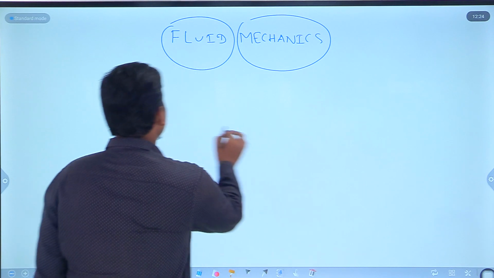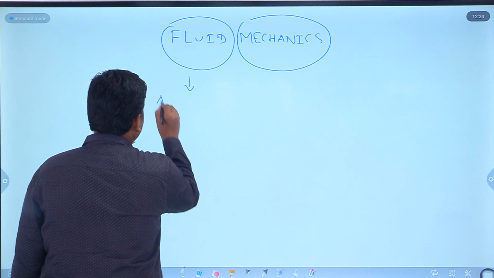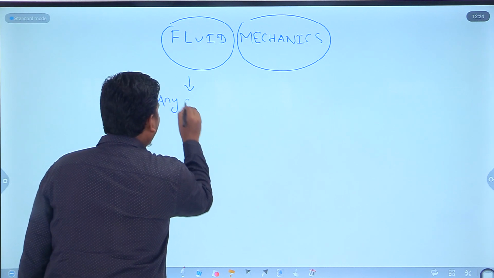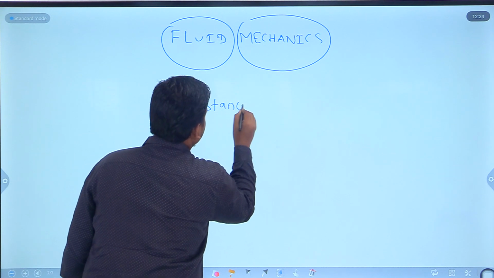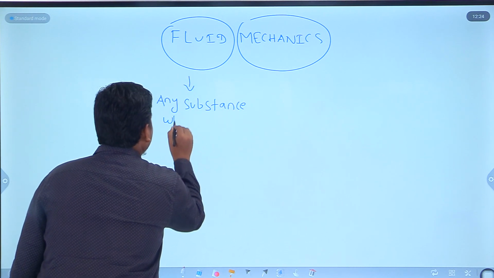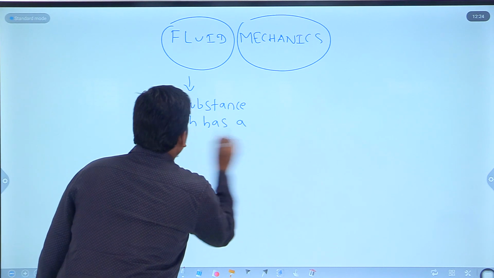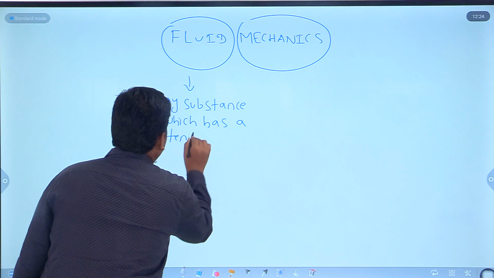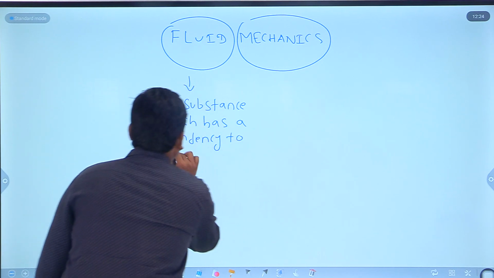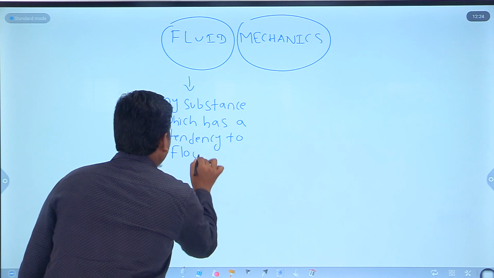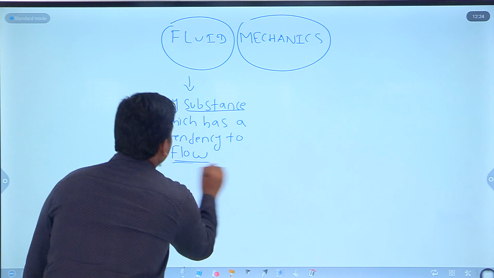What is fluid? Any substance which has a tendency to flow. In this, what is substance and what is flow?